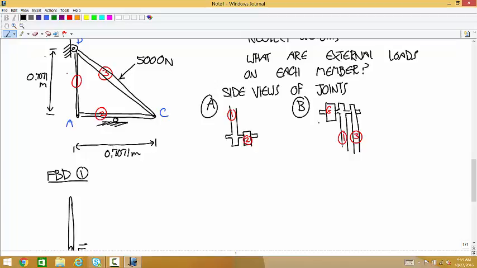So let's do it for joint C now. That's another pretty simple one. So we have member 2 and member 3 and a pin going through them.